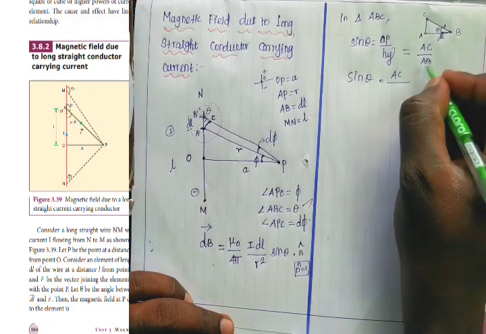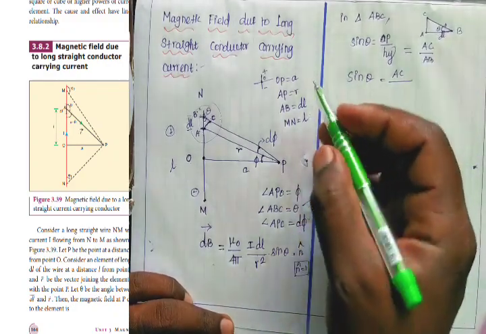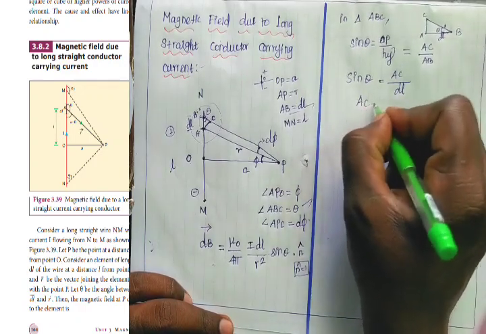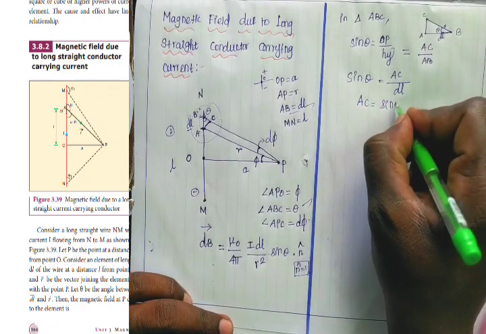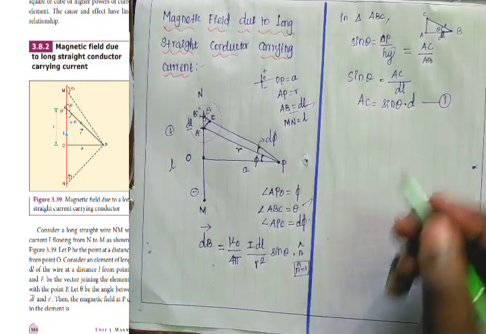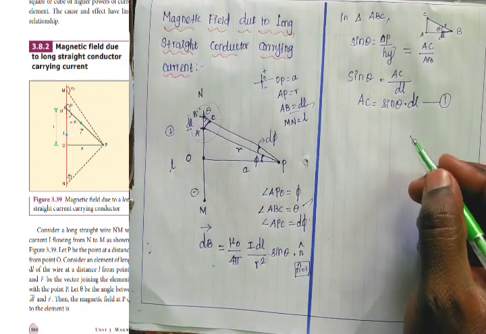We don't know the AC value, but we know the AB value is dl. So AC is equal to dl sin theta. That is equation number 1.